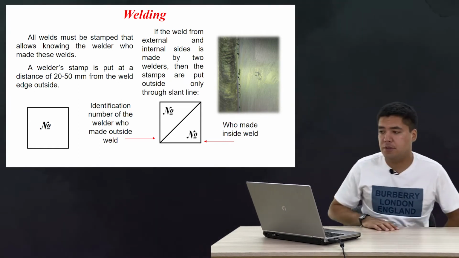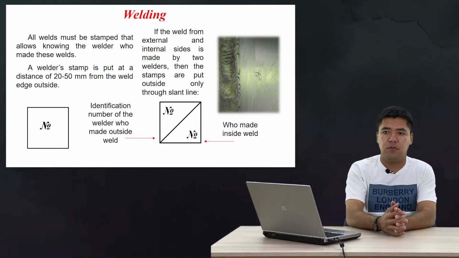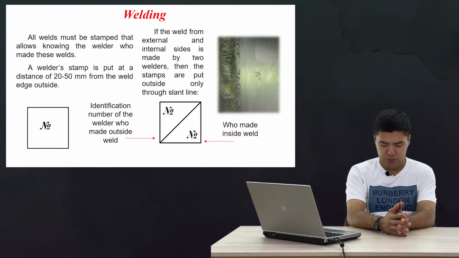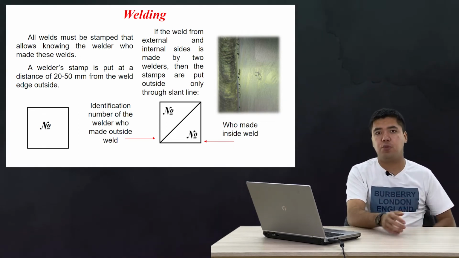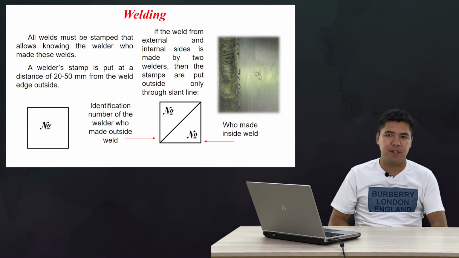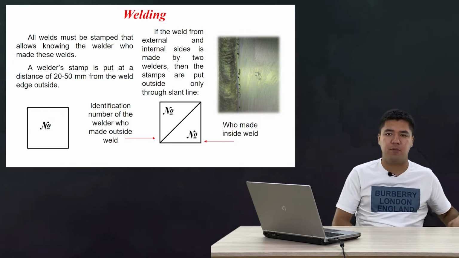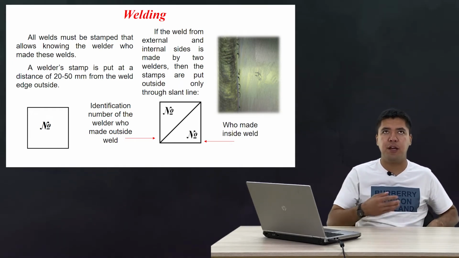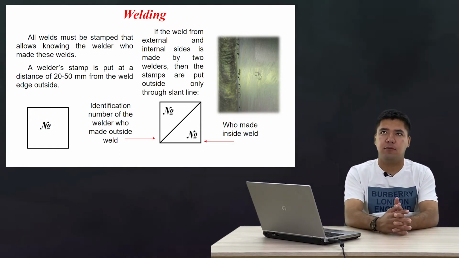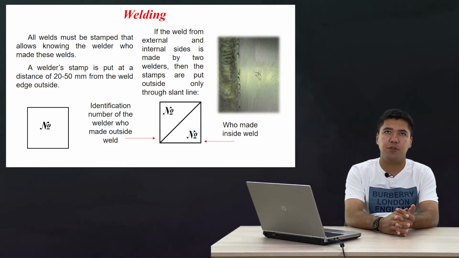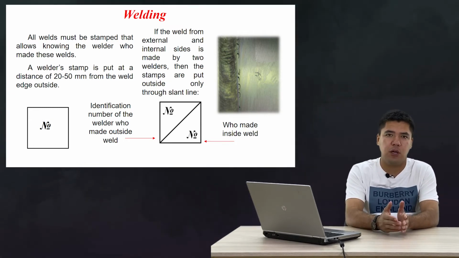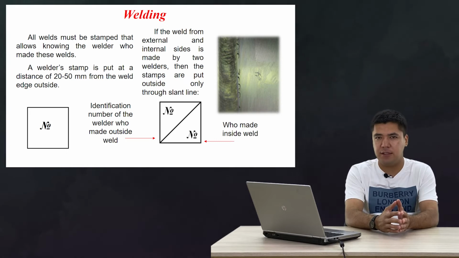Okay, I hope you understand the importance of welding and the importance of the stamps of the welders. And right now you may have a question: is it 100% safe, or 100% reliable, can we 100% rely on welders' skills?